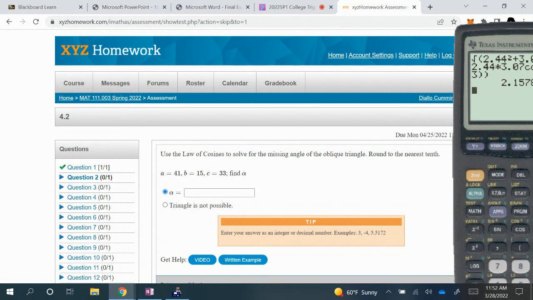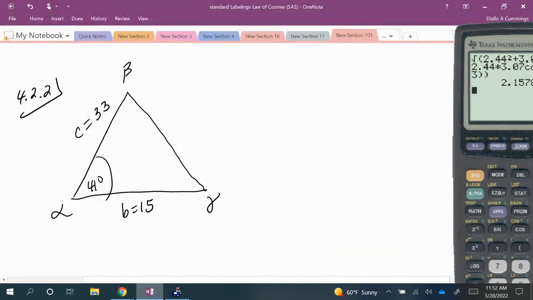We're given A, B, and C. Let me change this. Okay, so A is 41, B is 15 and C is 33. We're asked to find alpha.